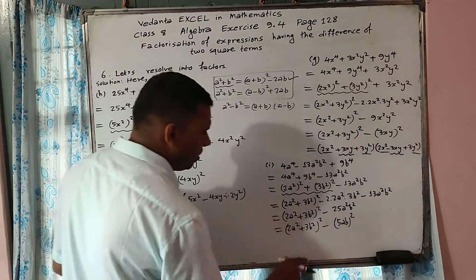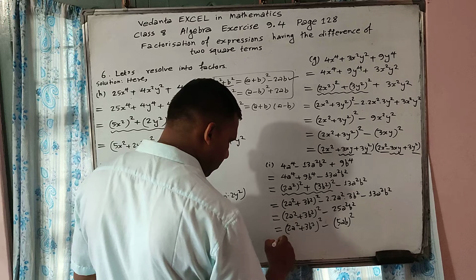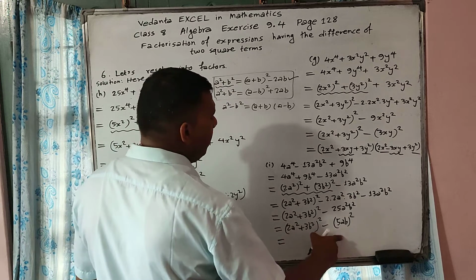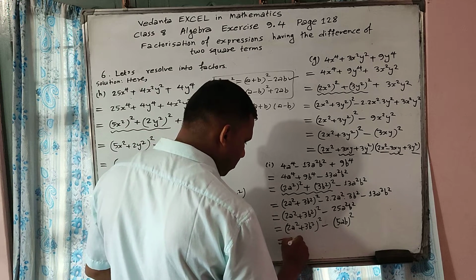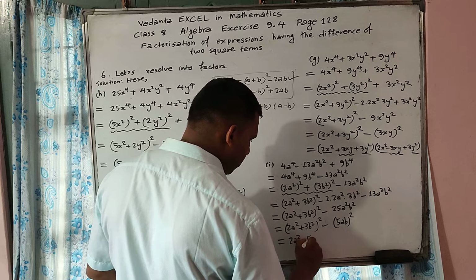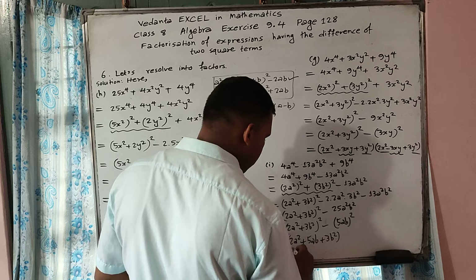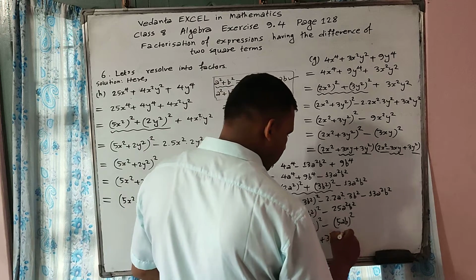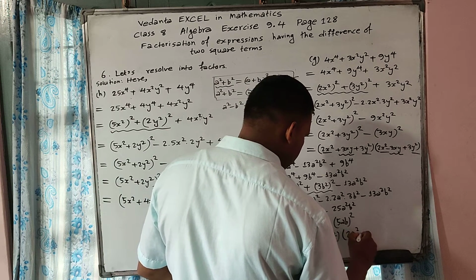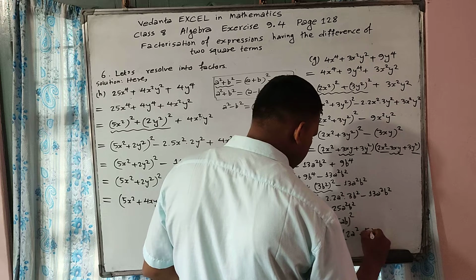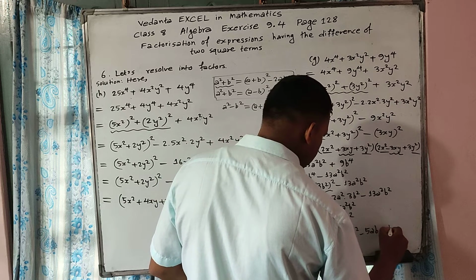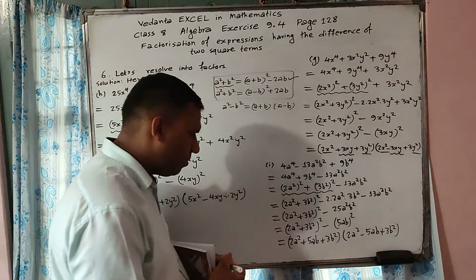Now it goes to a square minus b square form, using the formula a plus b into a minus b. Putting b directly in the middle position, you can write 2a square plus 5ab plus 3b square, a plus b, and 2a square minus 5ab plus 3b square, a minus b.